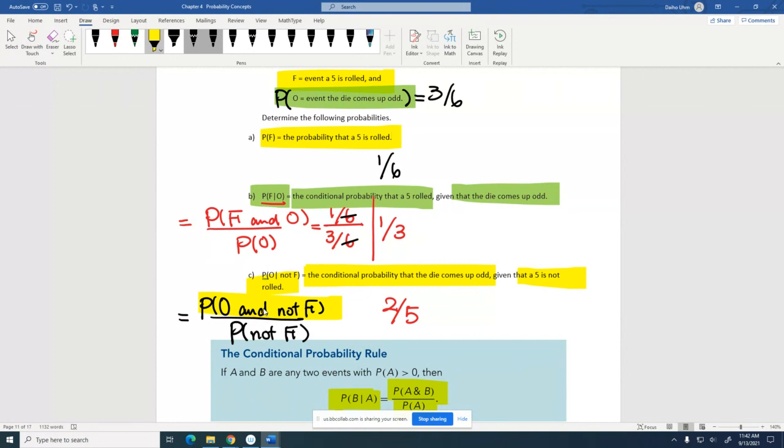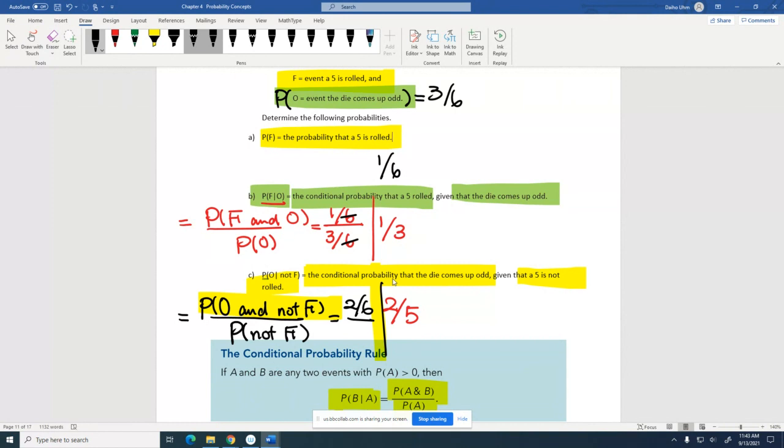O, an odd number, and not 5. How many odd numbers are not 5? Only 2, 1 and 3. So the joint probability of O and not 5 will be only 2 out of 6.